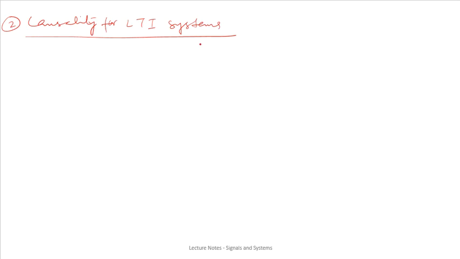This we already discussed in great detail in the first unit. Now I will write again the expression of output, that is, the convolution sum h[k] x[n minus k].